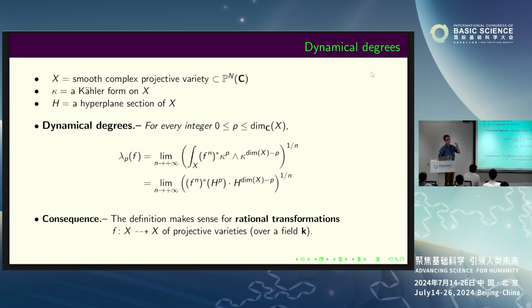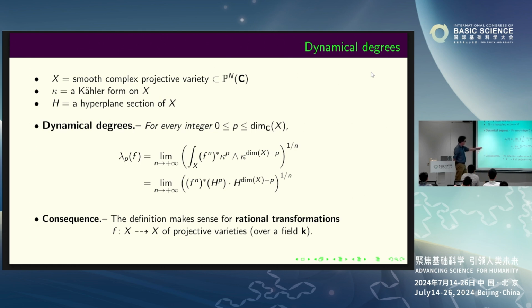So this is why this is called dynamical degree. To do that, you intersect with a new hyperplane section the right number of times, and you take the nth root at the limit. Okay, so that's the kind of number we are interested in. In fact, in the rest of the talk, I will focus on lambda 1.